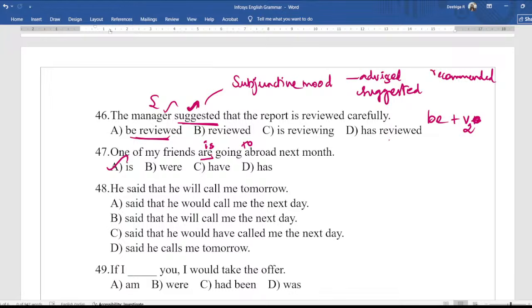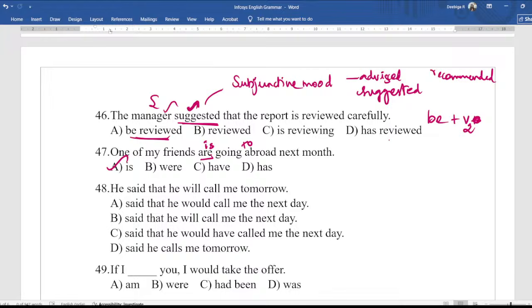He said that he will call me tomorrow. Here you can see what part should we improve. He said that he will call me tomorrow. Said that he would call me the next day. Said that he will call me the next day. Said that he would have called me the next day. Said he calls me tomorrow. Okay. This sentence is pretty correct.